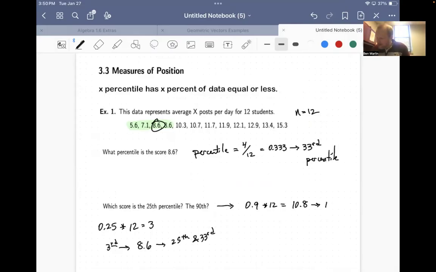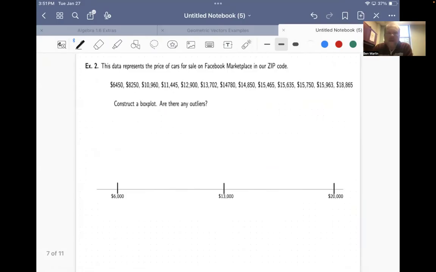So you have to round it to the closest one and look for what's in the 11th position. And then we'll go back up here and say that 13.4 is at the 90th percentile. Okay, that's it. That's what we're going to do with percentiles.